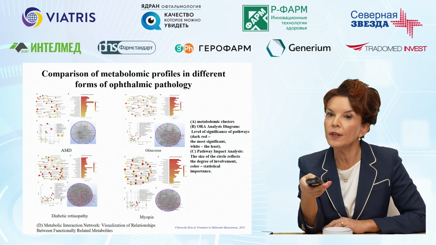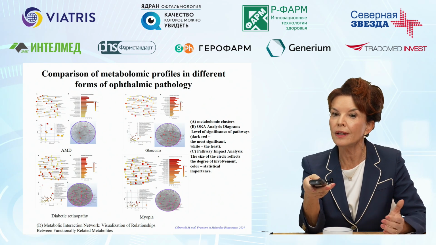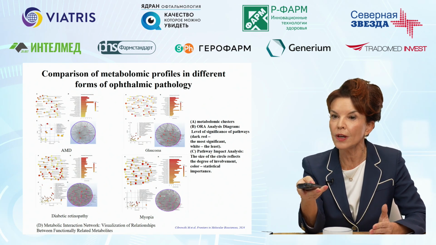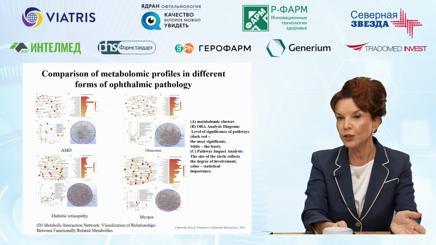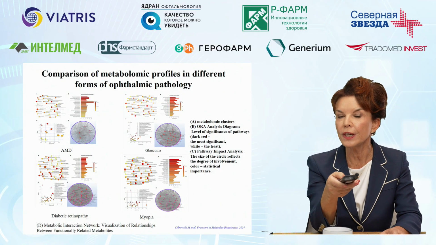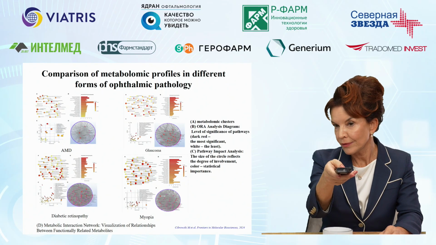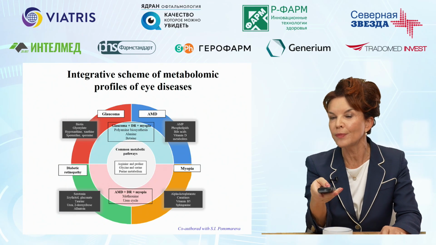Colleagues, the metabolic profile in different forms of ophthalmic pathology was studied. Again, you can see such as AMD, retinopathy. We can have the maps of these metabolomic profiles. We can do the comparison.